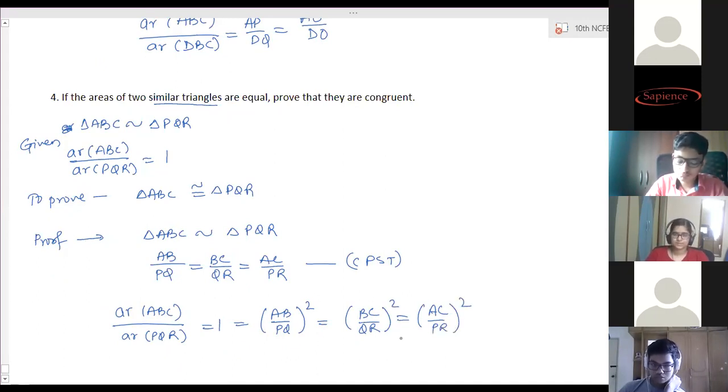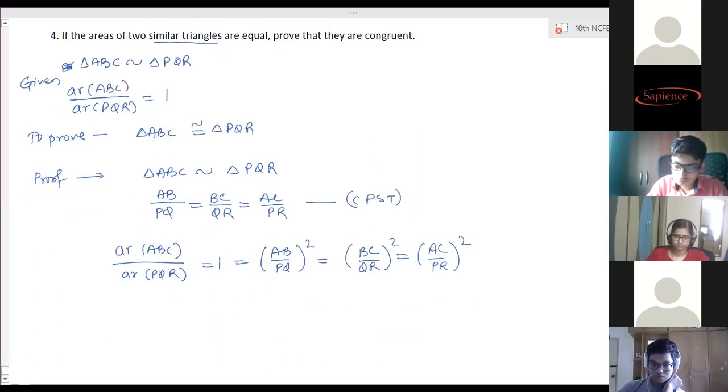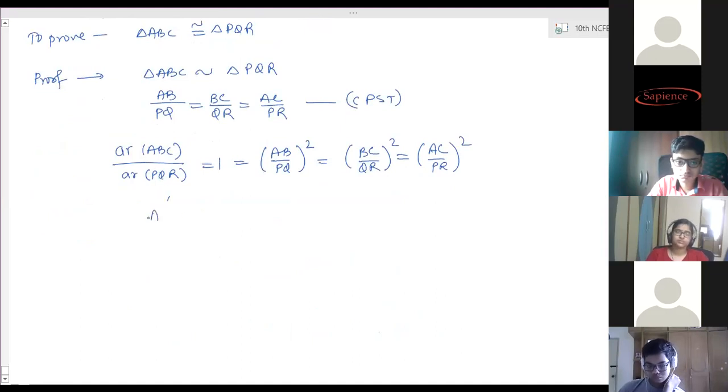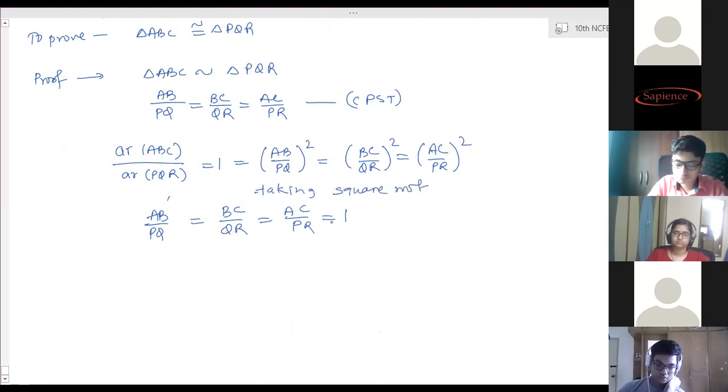So all the square ratios are equal to 1. Now after taking the square root, what will we get? AB by PQ, BC by QR, AC by PR is equal to 1. So we got the ratio 1. So AB by PQ is equal to 1. This means AB is equal to PQ, right?